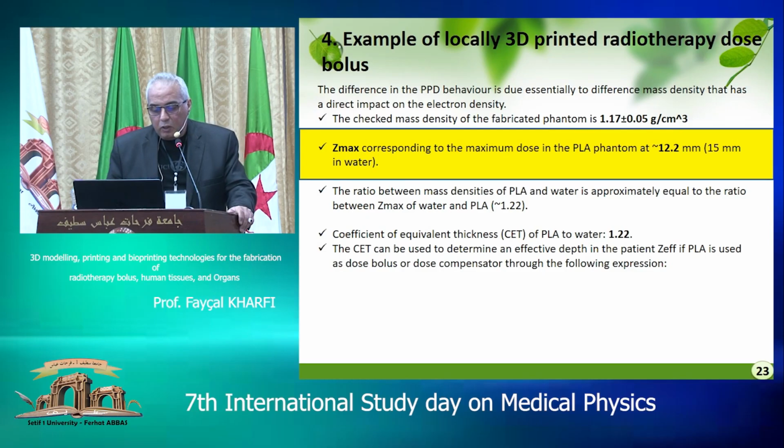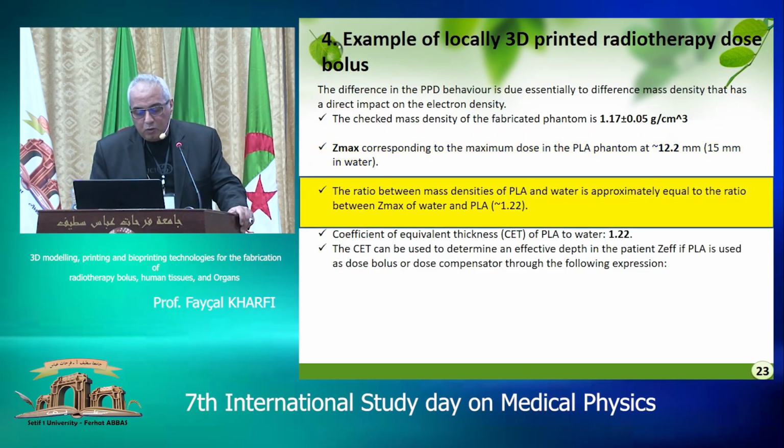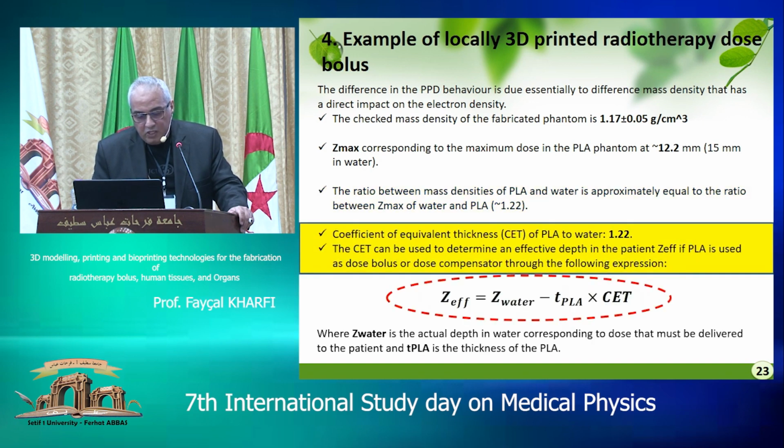We determine also the ratio between mass density of PLA and water, which is approximately equal to the ratio between Z max of water and PLA. It is equal to 1.22. And we determine also the coefficient of equivalent thickness of PLA, which is equal to the same ratio, 1.22.